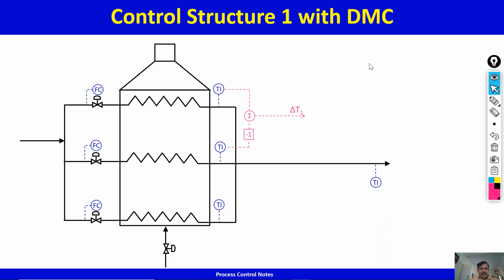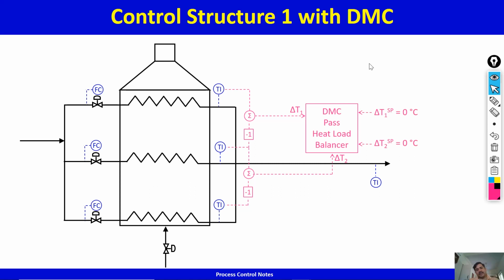So as usual, we have delta T1, we also have delta T2. These two measurements go to the DMC pass heat load balancer, and it has as its set points, delta T1 set point is 0 degrees Celsius, delta T2 set point is also 0 degrees Celsius.